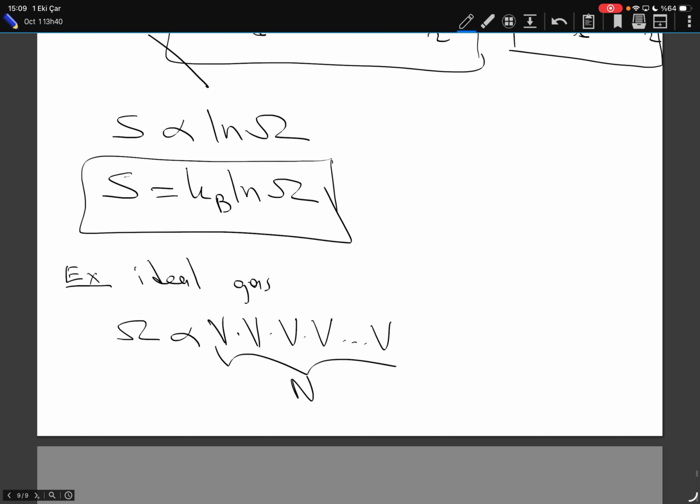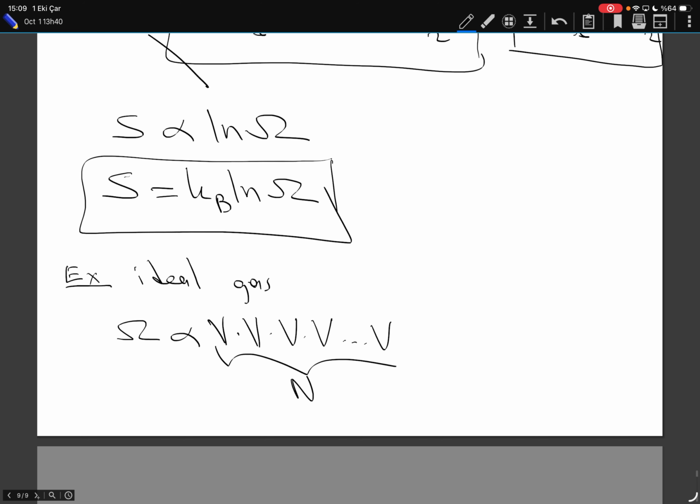I'm making a very simple assumption: the particles making my ideal gas, that's the definition of the ideal gas, are not interacting. If there is one particle at this point, the other particle can also be exactly at the same point. They can overlap. That's an assumption. Basically, I'm ignoring any volume that my particles might have.